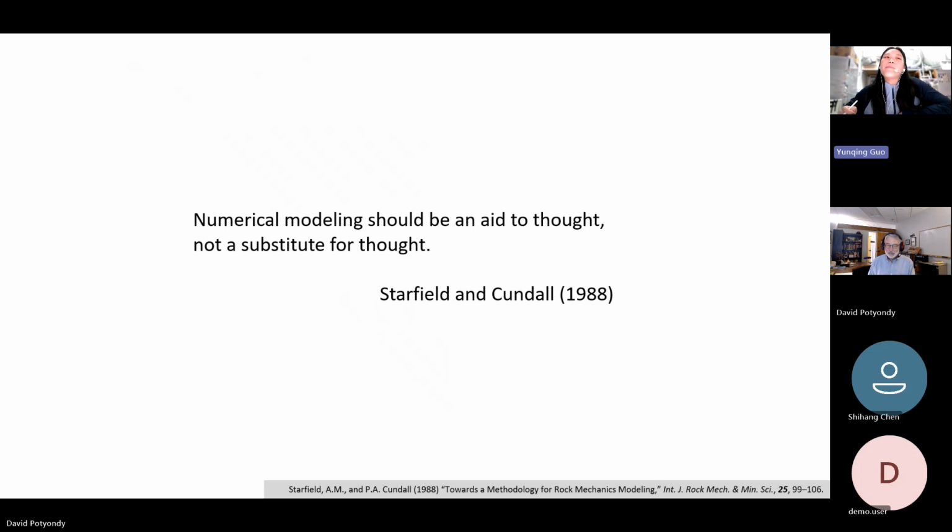Okay, so, well, I don't know every word, but I can check the meaning of the word that I don't know to understand it. To aid the thought, but not a substitute for thought.